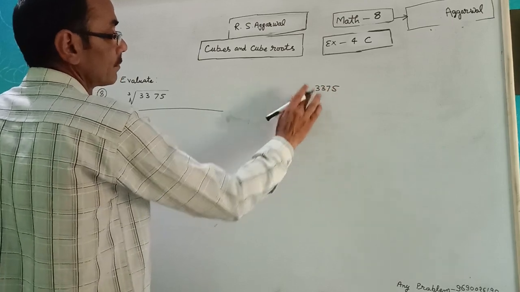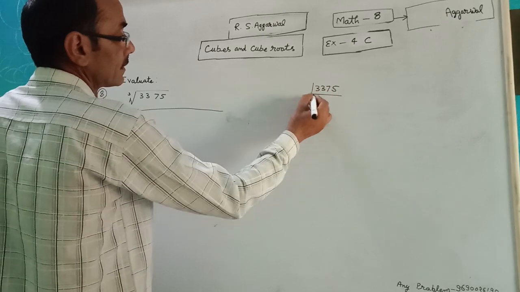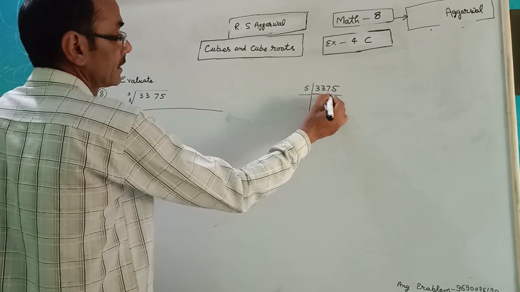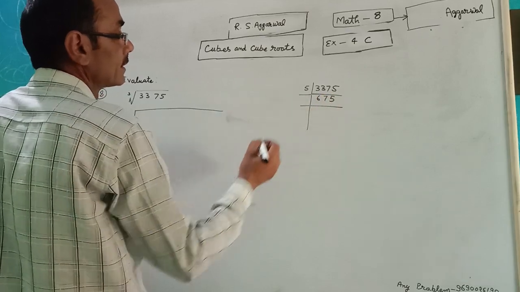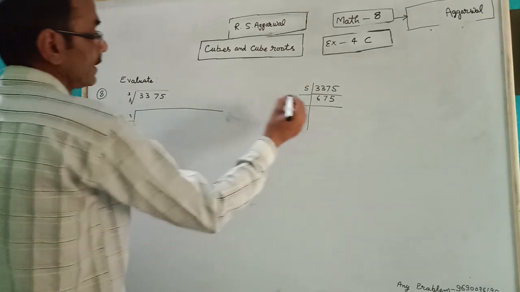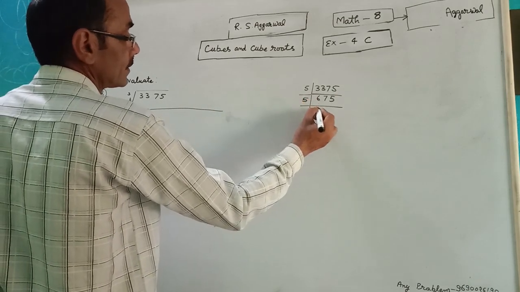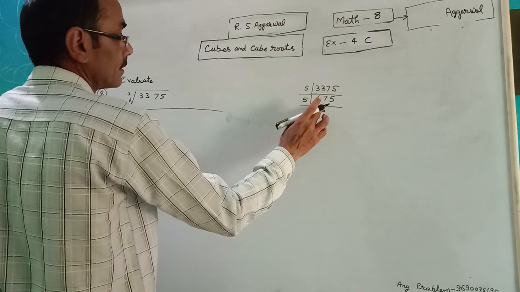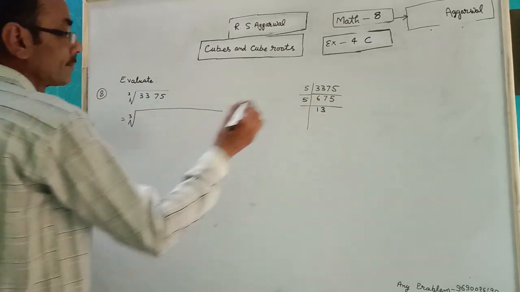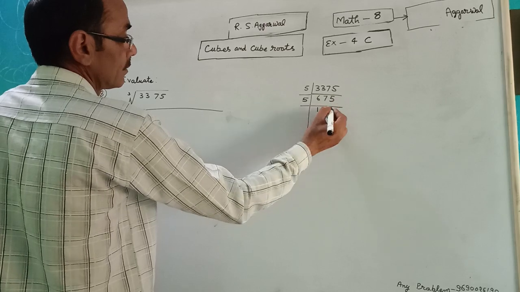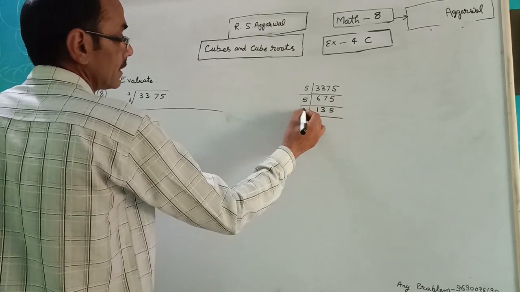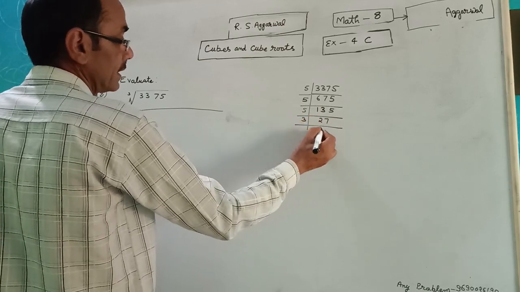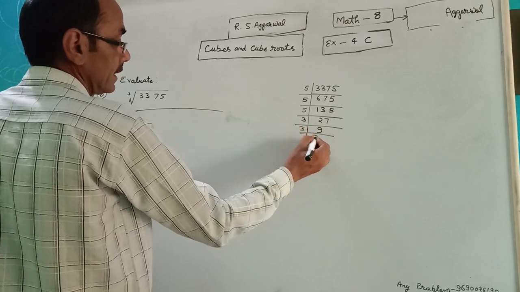Divide by 5. 5 6 is 30. 5 7 is and 5 5 is. Divide by 5. Divide by 5 is 135. Divide by 5. 3 divided by 27. 3 3 is 9.